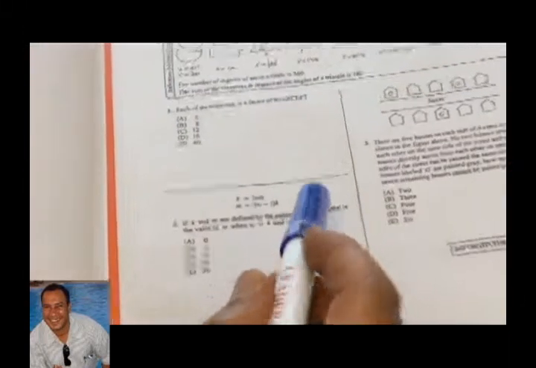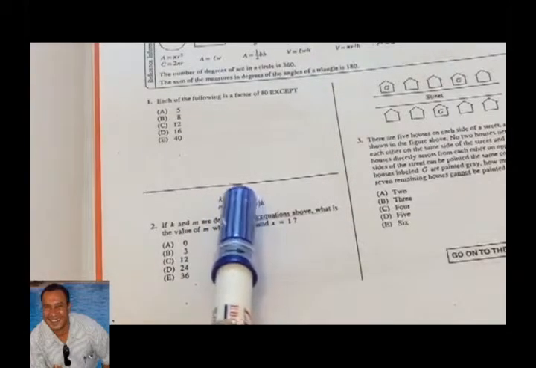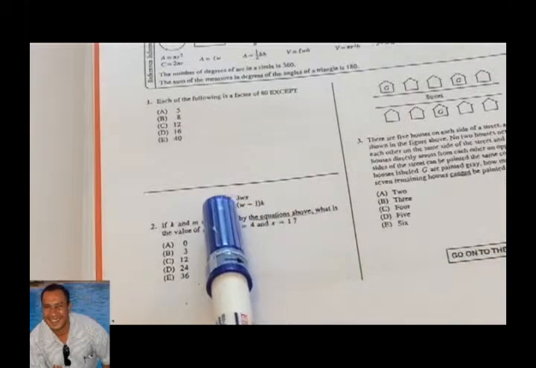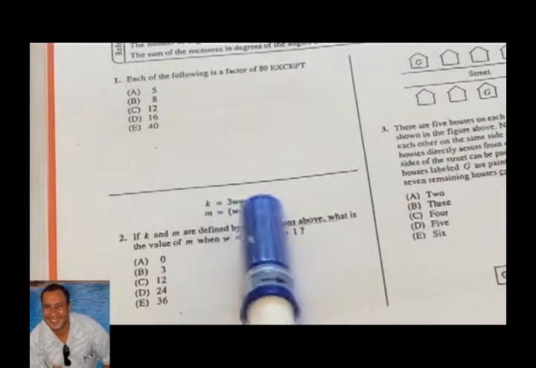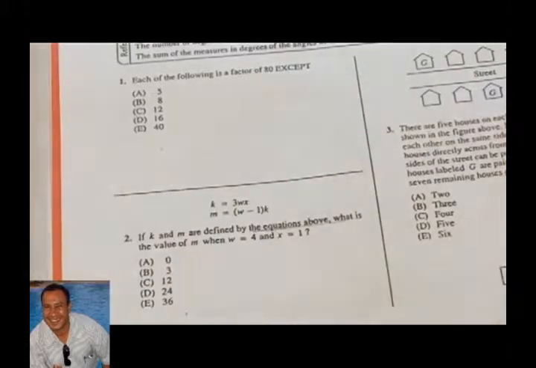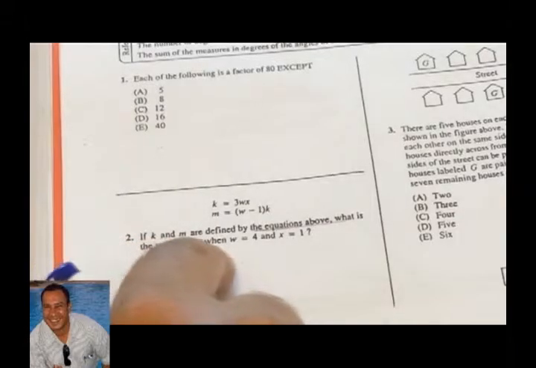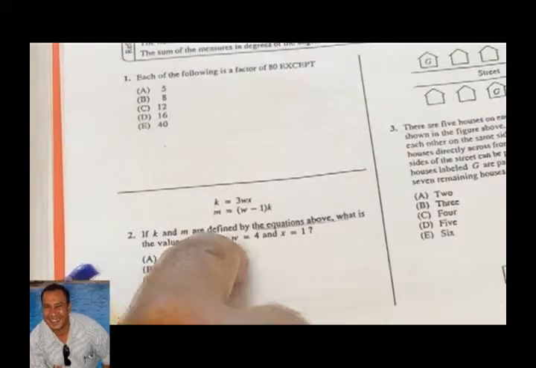Problem number 2. This problem states that k equals 3wx and m equals quantity w minus 1 all multiplied by k. If k and m are defined by the equations above, what is the value of m when w equals 4 and x equals 1? So we have two equations.